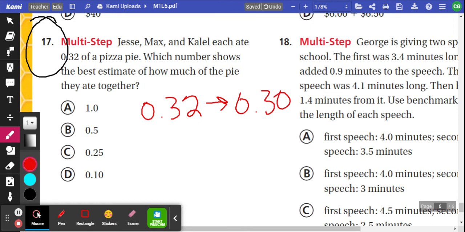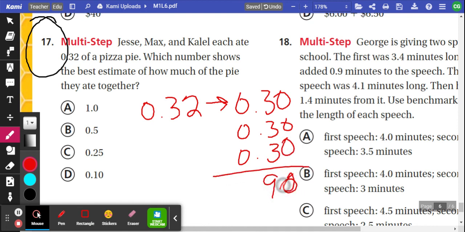Times 3. And what does that give you? You have the 30 plus another 30 plus another 30, which is 90. Which one is going to be closest to that? Absolutely right. It's going to be about one whole.